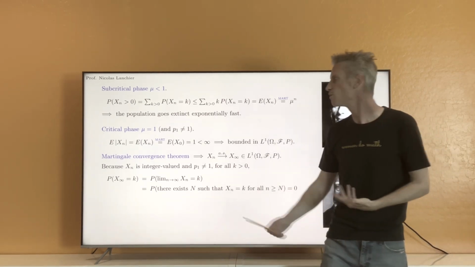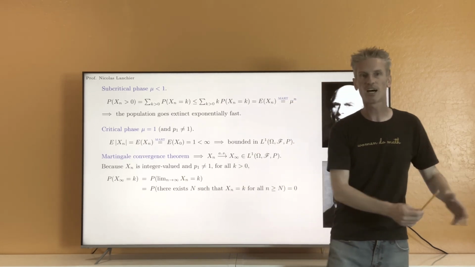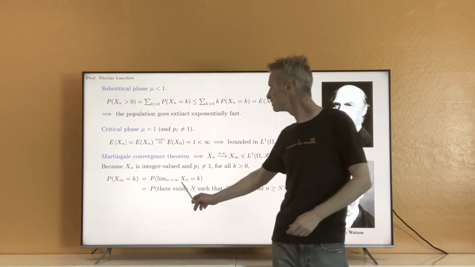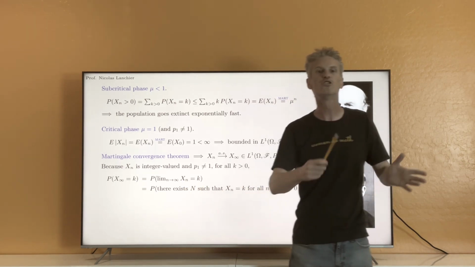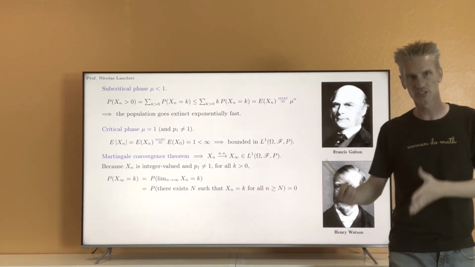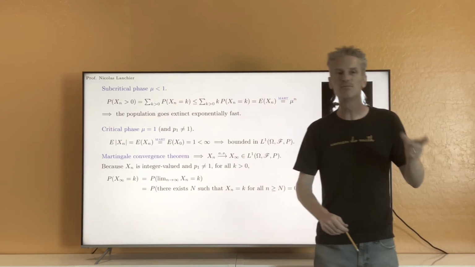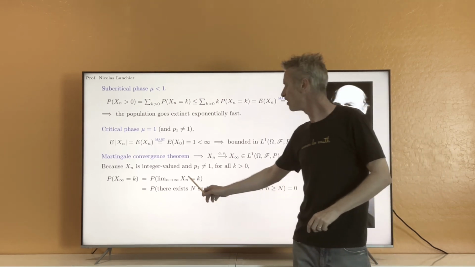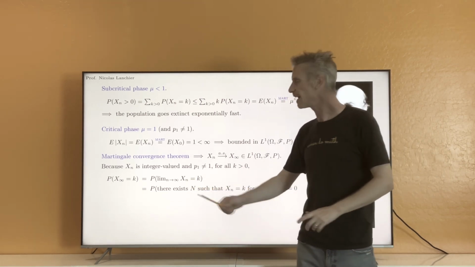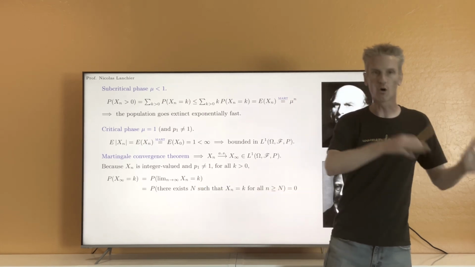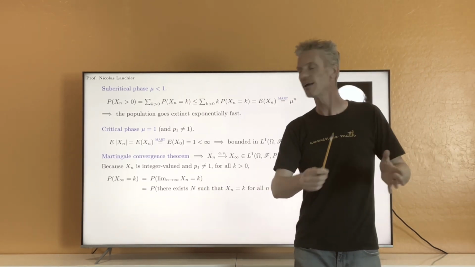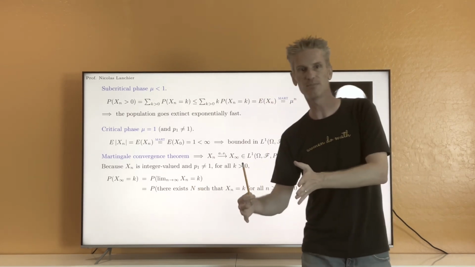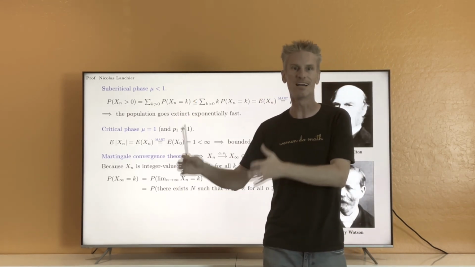So why is it true? Well, just go back to the definition of limit. Let's assume that Xn converges to k. Then this means that for all epsilon, the absolute value of Xn minus k is going to be less than epsilon for all n large enough.